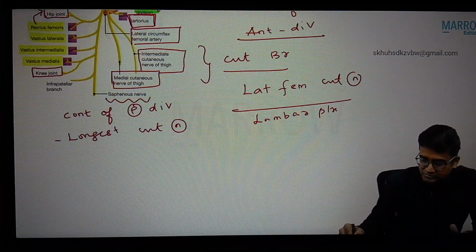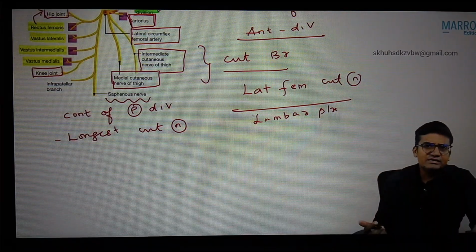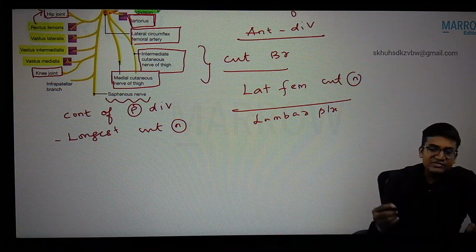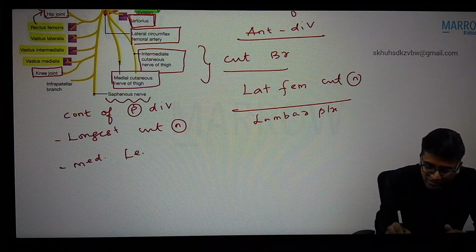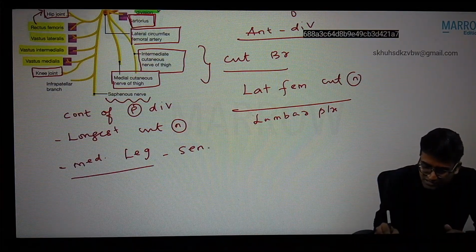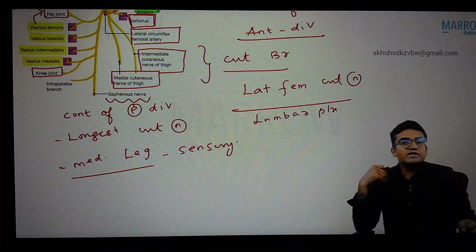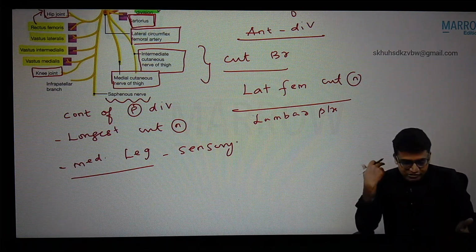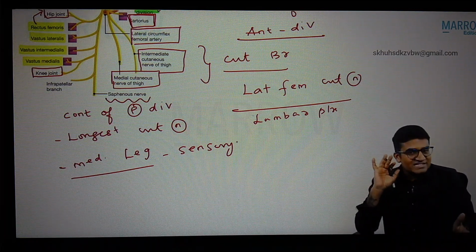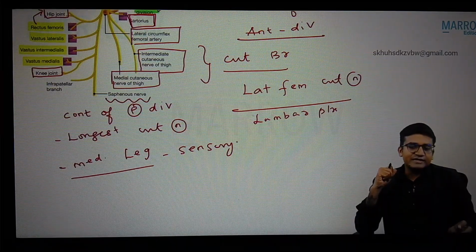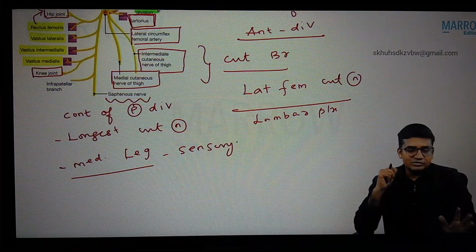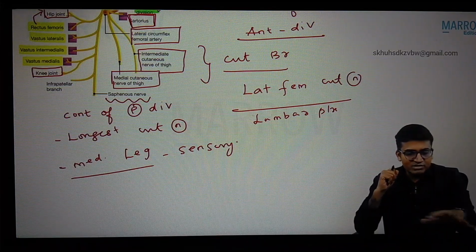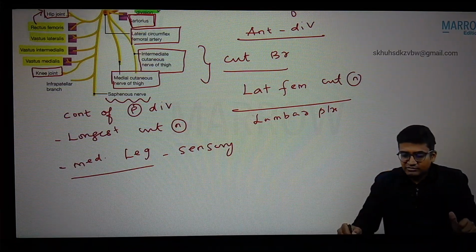I told you in the cutaneous innervation of the lower limb, the saphenous nerve carries sensory fibers from the medial side of the leg up to the ball of great toe. We already discussed this point in the cutaneous nerve lower limb itself. Now these are the branches you have to remember for the femoral nerve. That's all about the femoral nerve.